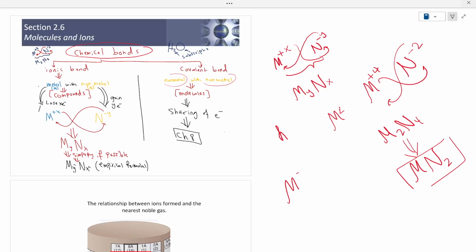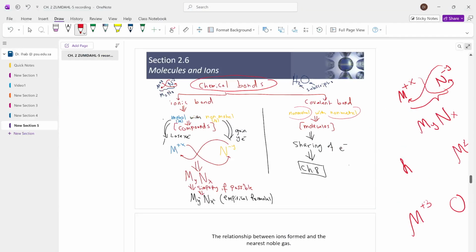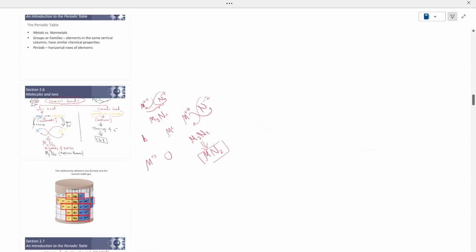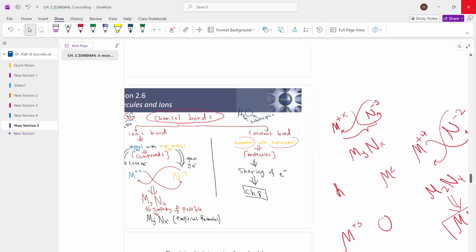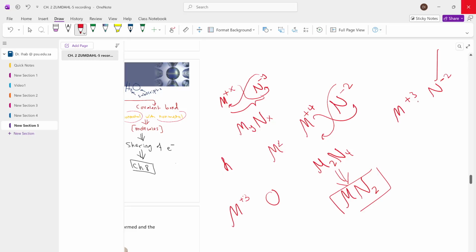While if you combine M plus 3 with N minus 2, do the same, make this a switch, you will get M2N3.